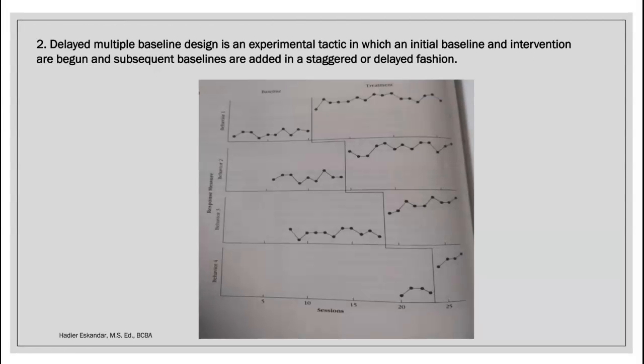multiple probe. The delayed multiple baseline design is the second kind of multiple baseline design, and it's an experimental tactic in which an initial baseline and intervention are begun and subsequent baselines are added in a staggered or delayed fashion. As you see here, in the very first one we spoke about, the multiple baseline design, you usually start baseline at the same time, and then you start your intervention.